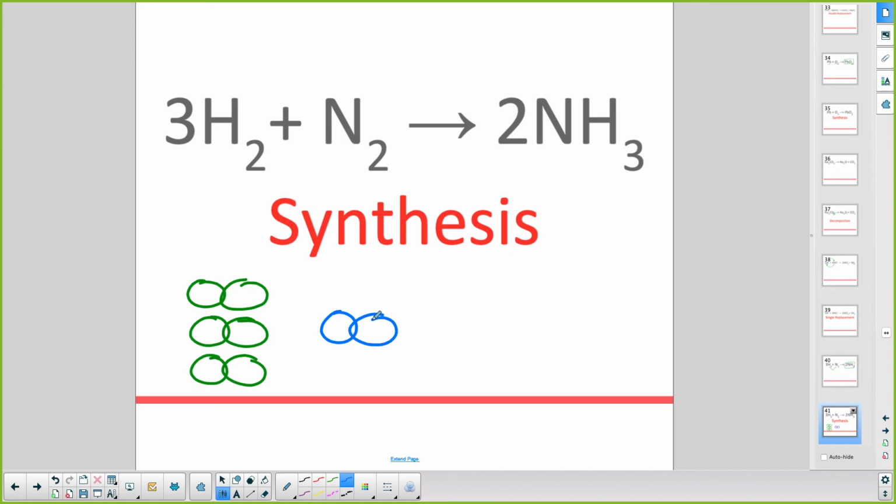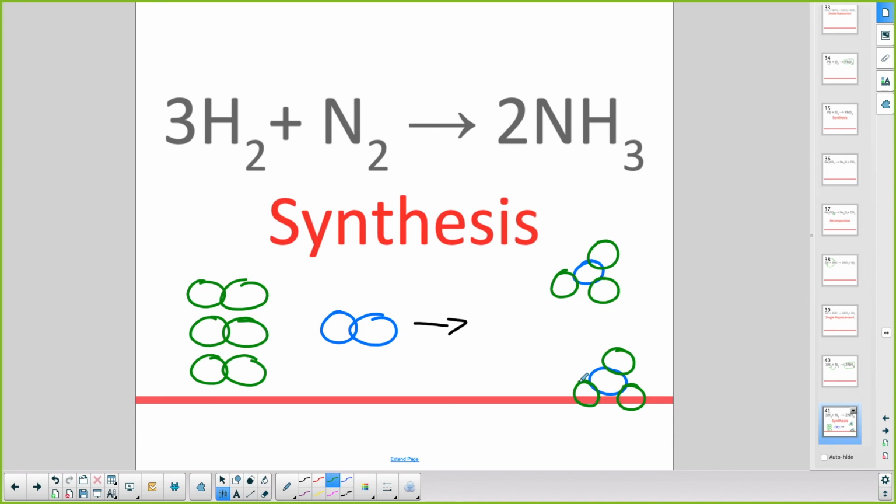All right? And it yields, y'all are asking good questions, 2 NH3. So, here's an N, and here's an N. And I have H3. So, here's one NH3. And here's my, so I've got two of them. So, here's two NH3s. Wouldn't that be 6?